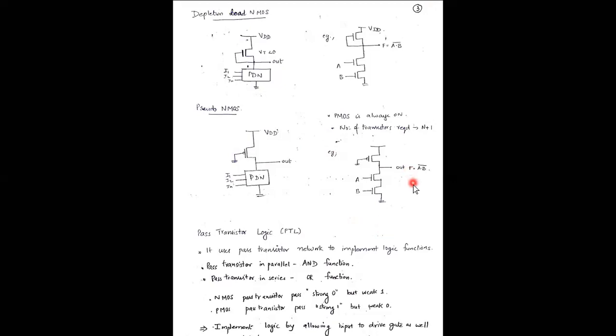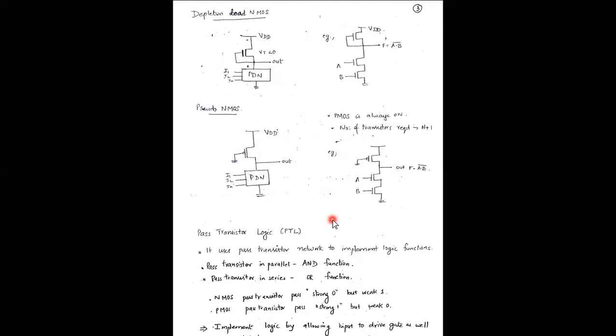So this is the same function, the 2 input NAND gate F is equal to A dot B whole bar, which we are implementing with the help of pseudo NMOS. We provide an NMOS circuitry, and between VDD and the pull down network we provide a PMOS whose input is grounded. Okay, so that is regarding NMOS and pseudo NMOS.